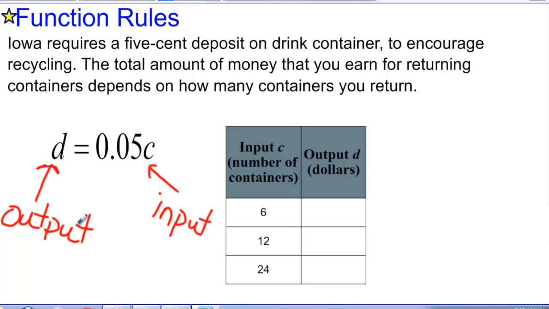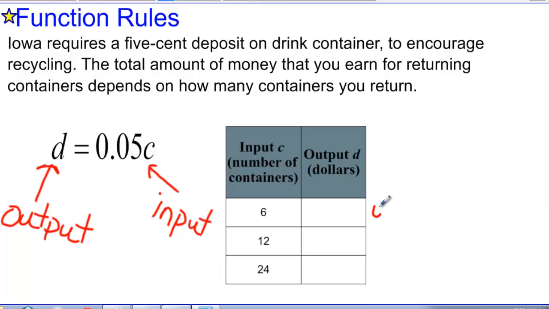One thing that we do with functions sometimes is we create an input-output table, which you can see over here to the right. For each value of c, I can figure out how much deposit I'm going to get back. If I return 6 containers, then I am going to evaluate my function.